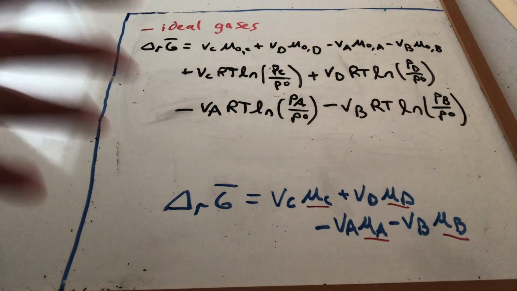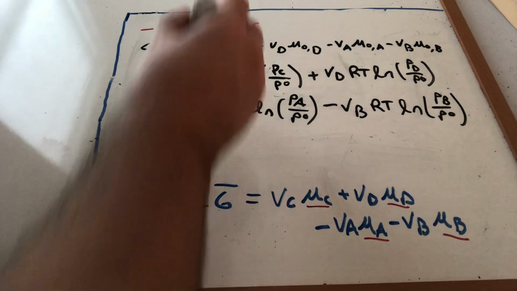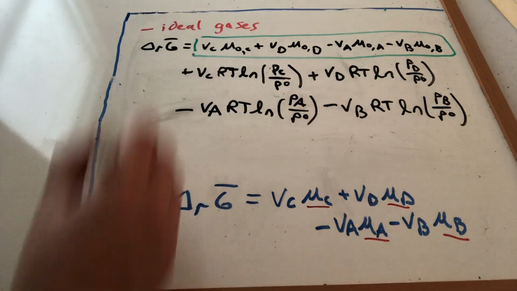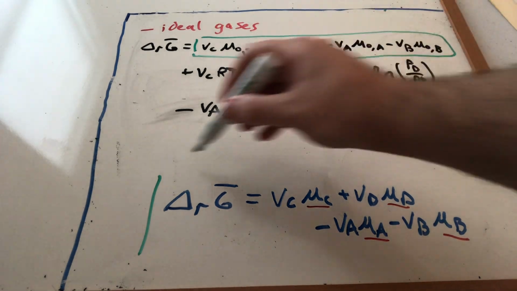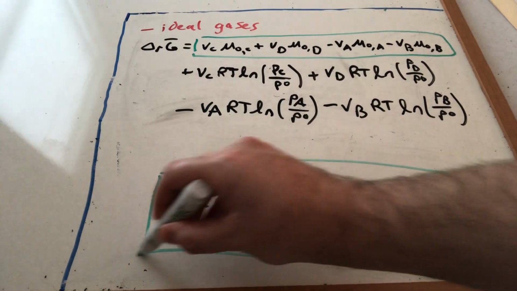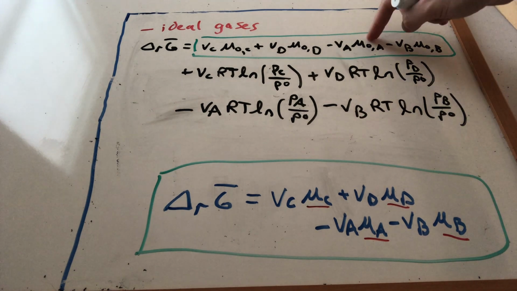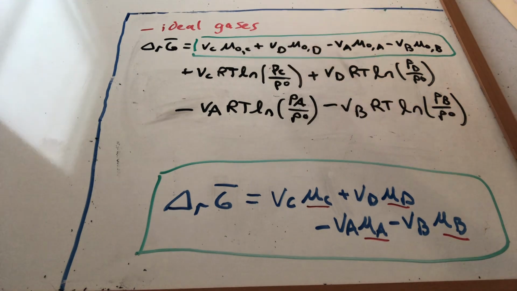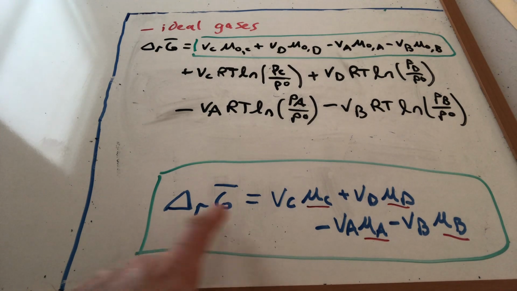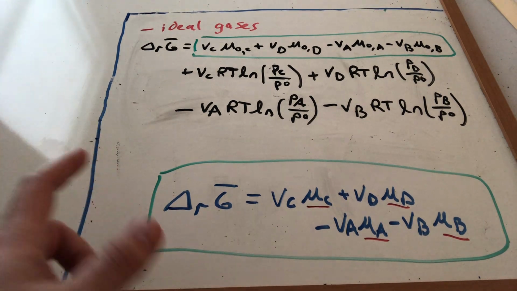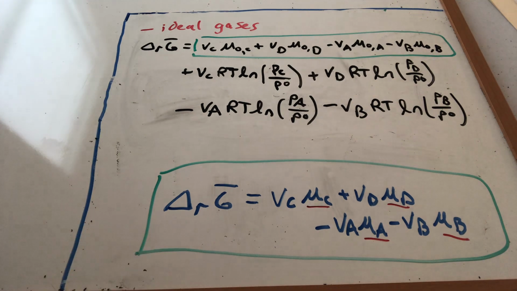The reason I like to gather the terms in this way is if you look at this right here at the top and you compare it to this down here, right? Notice that this has the exact same form, except there are standard conditions associated with it. So this thing that I boxed in green looks like a delta G that we calculated, except under standard conditions.